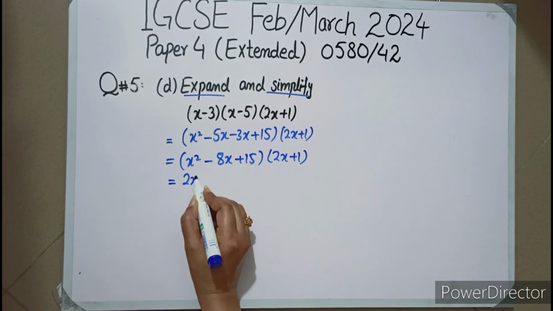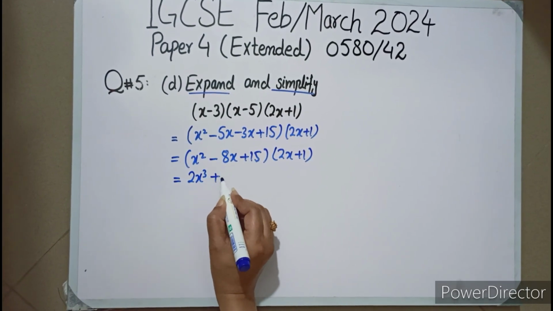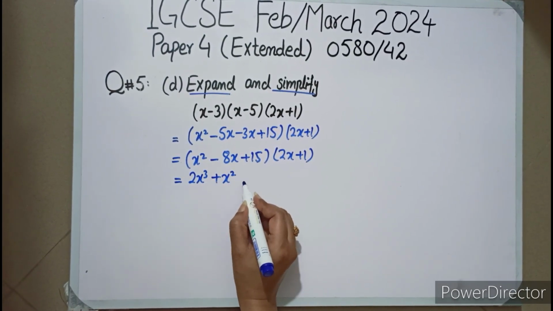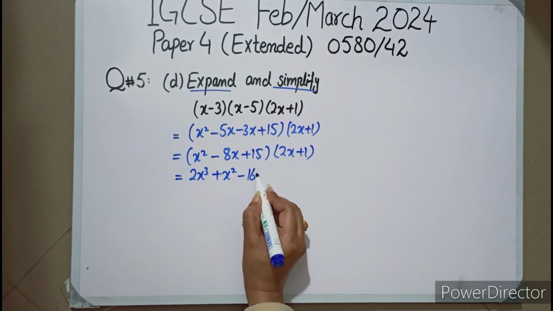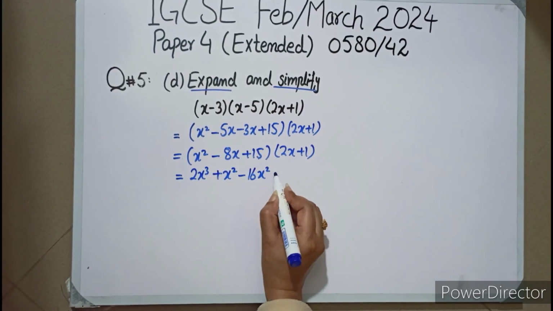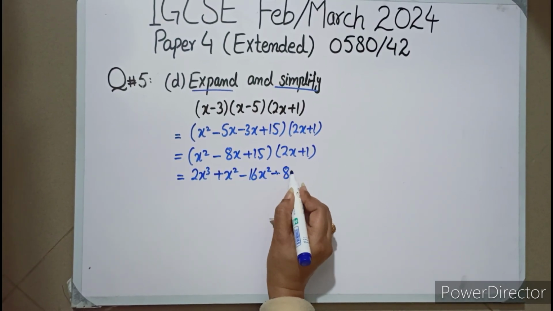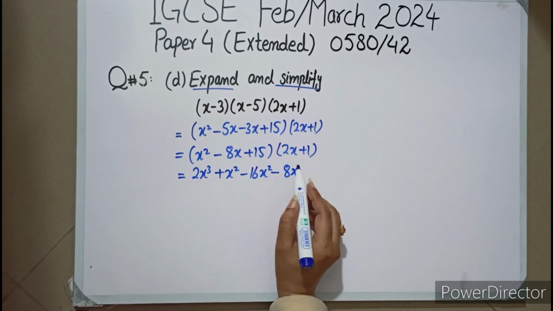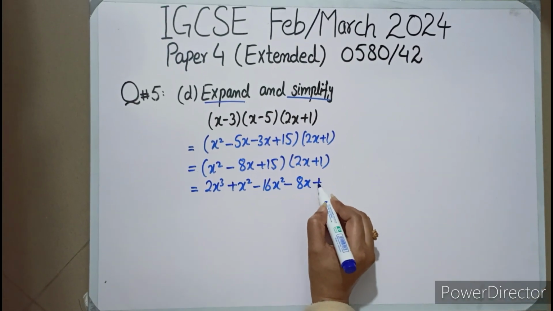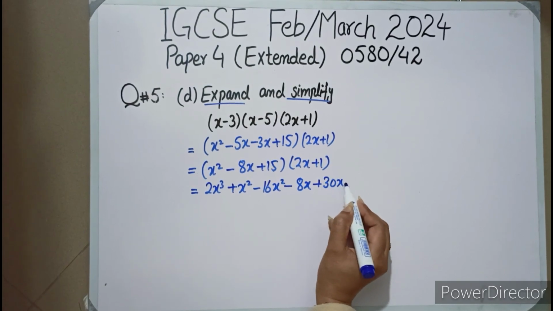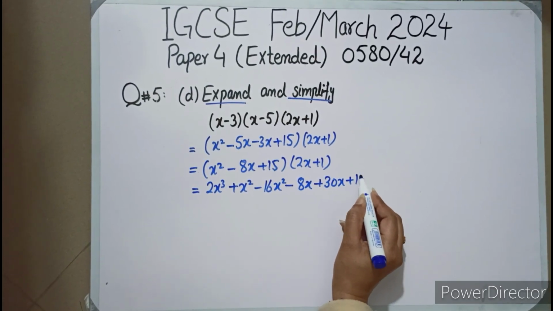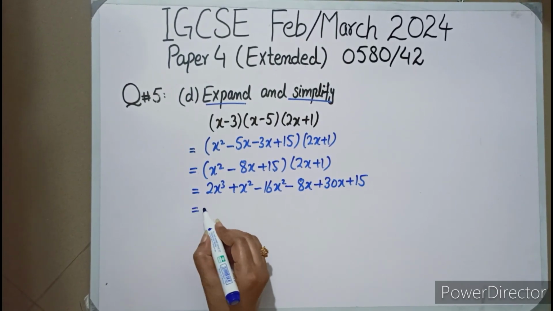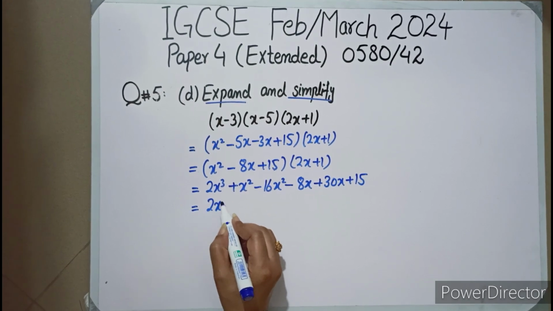You will get 2x cubed plus x squared minus 16x squared minus 8x plus 30x plus 15. After simplification, you will get 2x cubed.